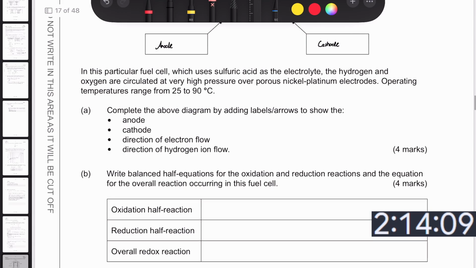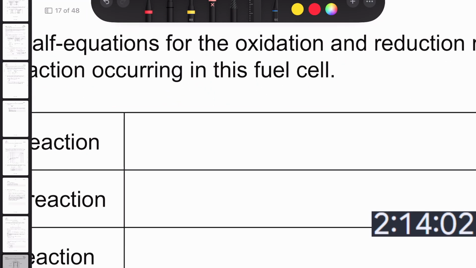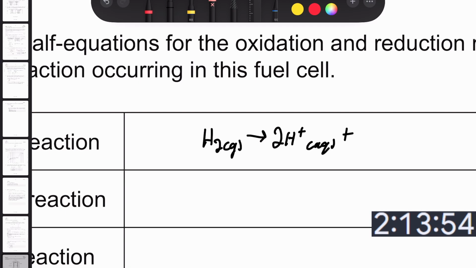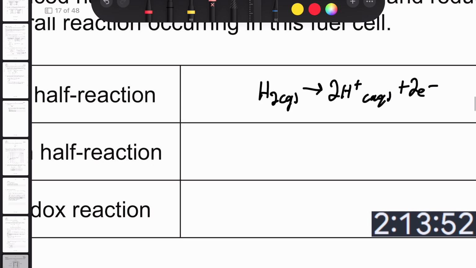Okay, write balanced half equations for the oxidation and reduction, and the equation for the overall reaction occurring in this fuel cell. So the oxidation equation is just going to be H2 gas making hydrogen ions, so 2H+ aqueous, and then just balance that with electrons.